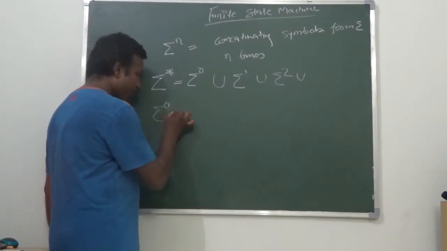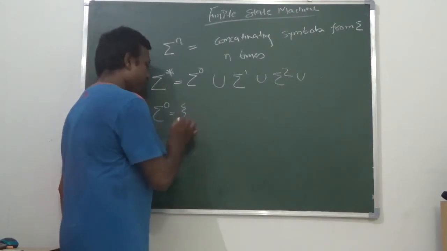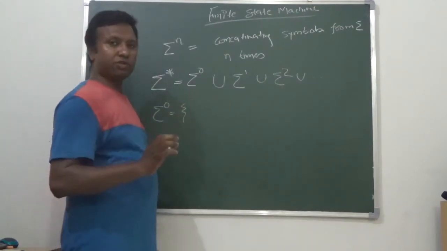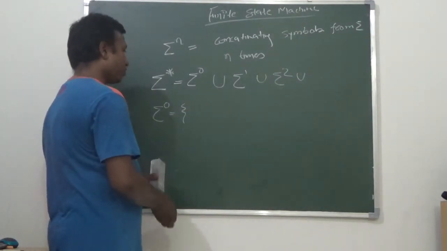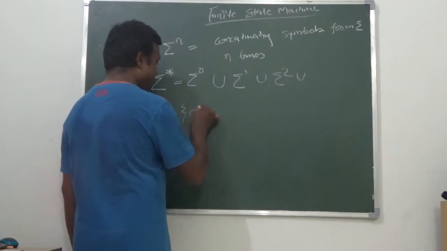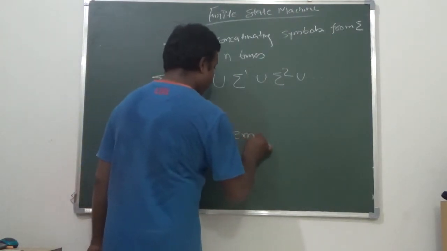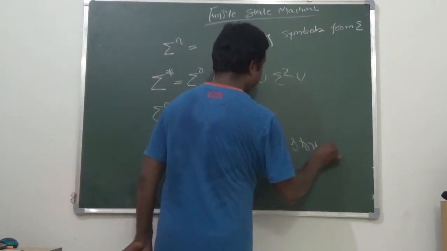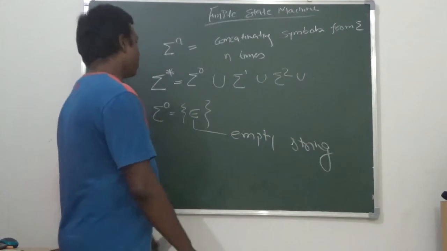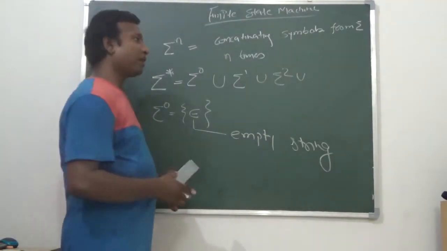Now sigma 0 means symbols concatenated 0 times. So in that case, sigma 0 is always equal to the empty string. This epsilon is sometimes called the empty string, right? So sigma 0 means I am not going to take any symbol from the set, and that's why I am getting an empty string.